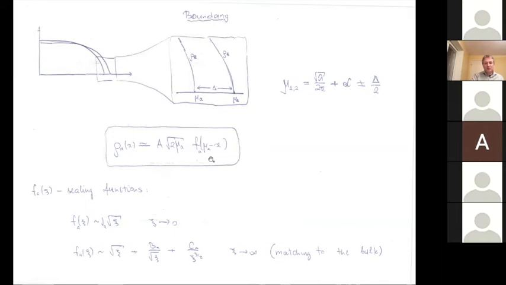And the densities will be some scaling functions of order 1, about which we potentially know only their asymptotics at small distances. So this is the boundary behavior, and the large distance behavior is fixed by matching to the solution in the bulk.